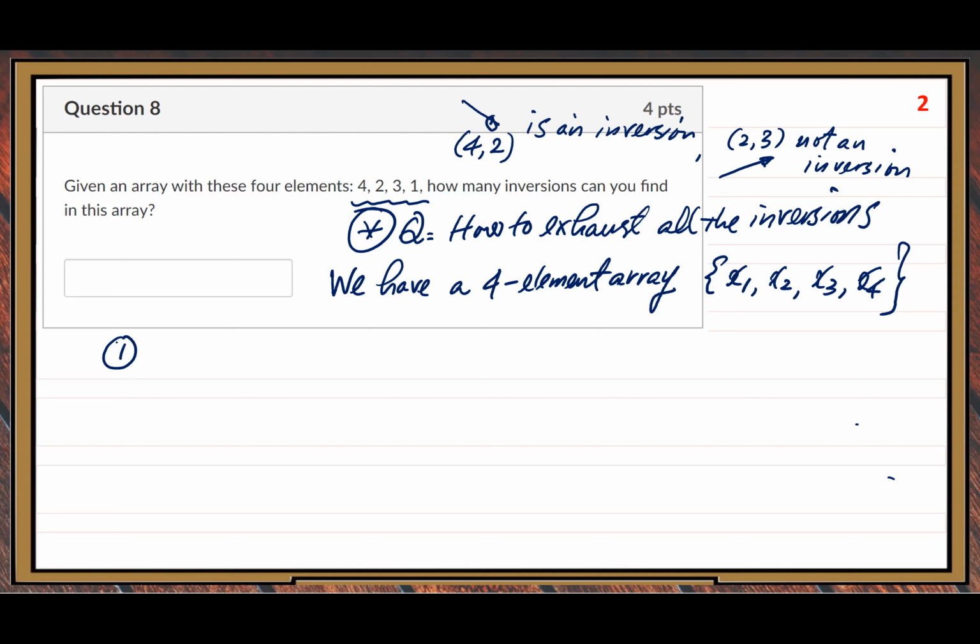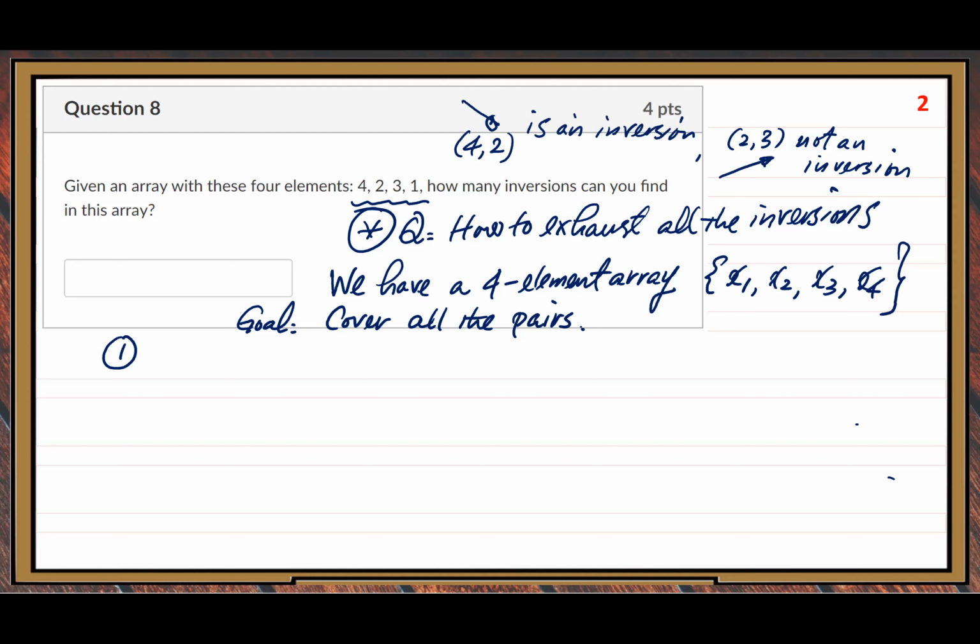I do it using a few cases. The goal: I try to cover all the possible pairs. Now let me write the goal. Goal, we need to cover all the pairs. Do not miss anyone. Then after that, you do the counting.